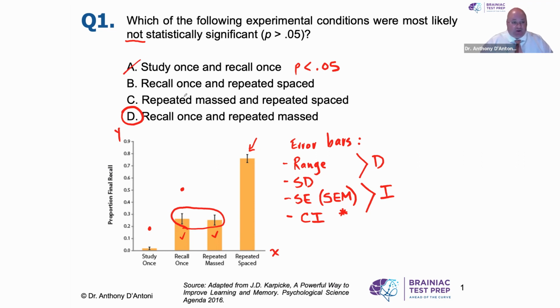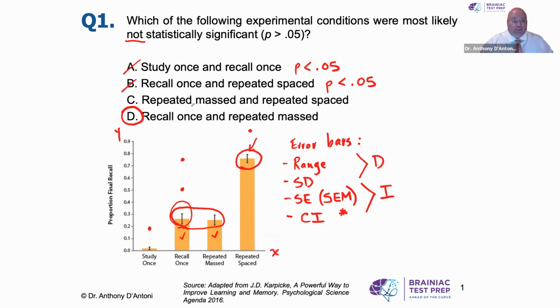Choice B, which is incorrect as well, is between the recall once group, I'll just put these dots for reference, and the repeated spaced group. Again, you can see there's a great difference with certainly no overlap and a great distance between them. So we could be assured that the p-value between these groups would be less than 0.05, and so this is incorrect.